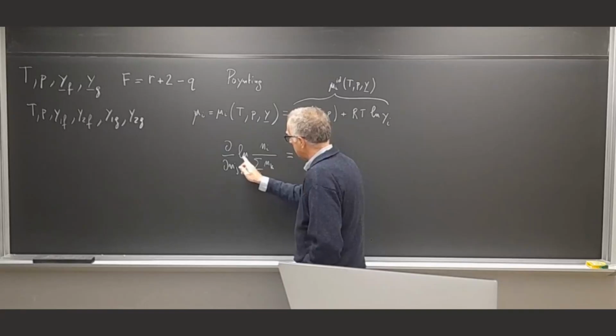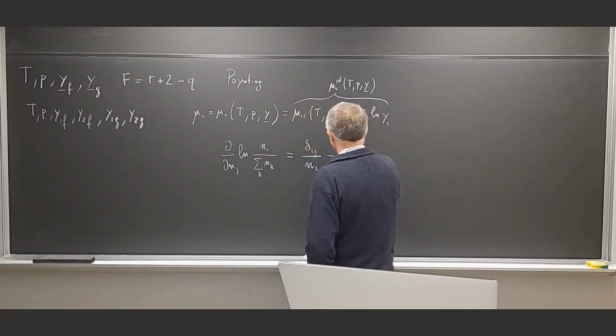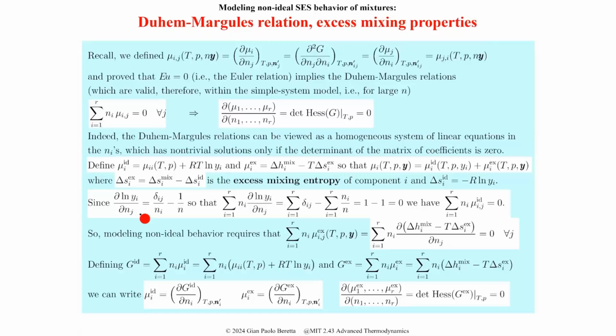This could be viewed as a log minus log of this, so it would be minus 1 over n. So that's written here. Now that you've taken this derivative, you can substitute into here, so you sum over n and verify that indeed that is equal to 0 identically.